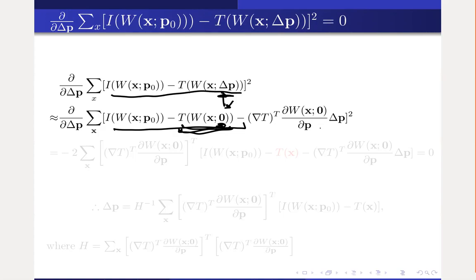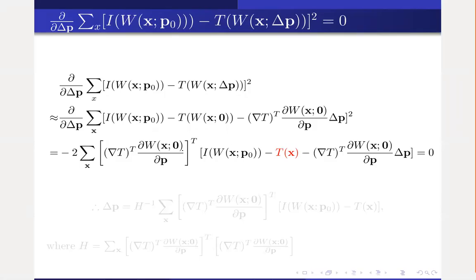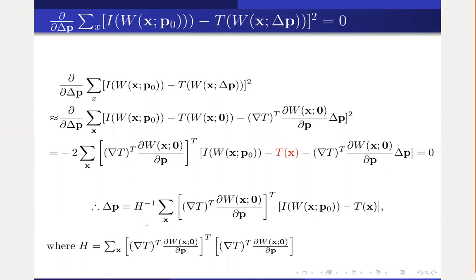Again, more or less the same thing as before. The focus is delta P here because delta P is going to change. Eventually I solve for delta P, like this. This is my delta P. I have my image with PCO minus the template.